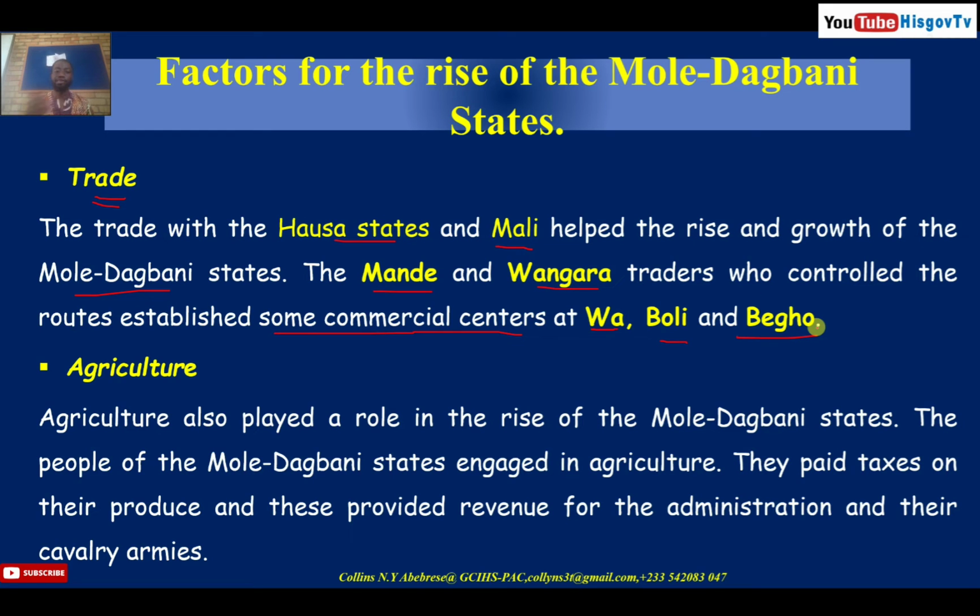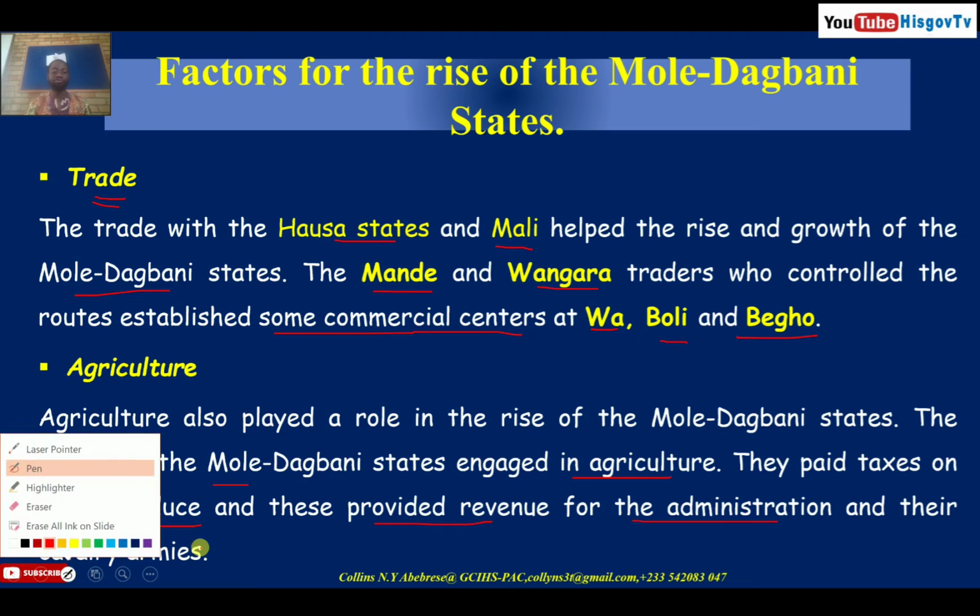Again, agriculture also played a very important role in the rise of the Mole-Dagbani states. So the people of the Mole-Dagbani state engaged in agriculture. They paid taxes on their produce, and these provided revenue for the administration and their cavalry armies.